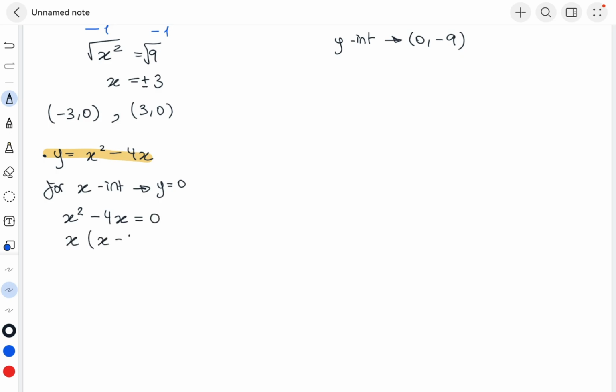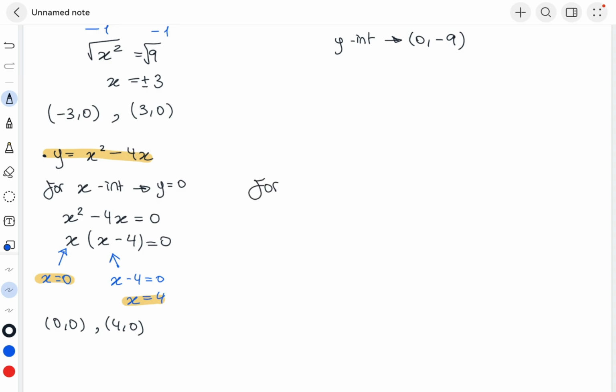Then we'll be left with x times (x minus 4) equal to 0. And then we solve for x. Either x will be 0 or x minus 4 will be 0, which means x will be equal to 4. And now we have two x solutions. So our x-intercepts are (0, 0) and (4, 0).